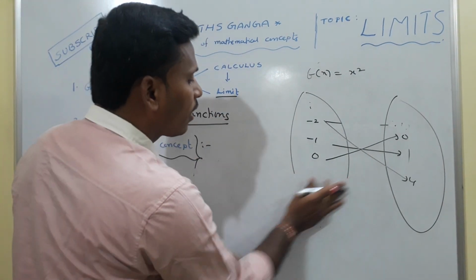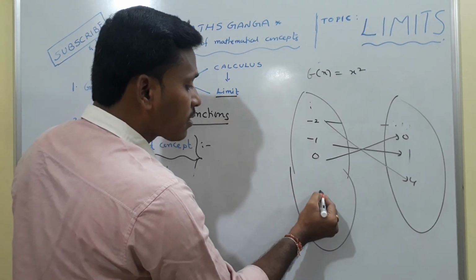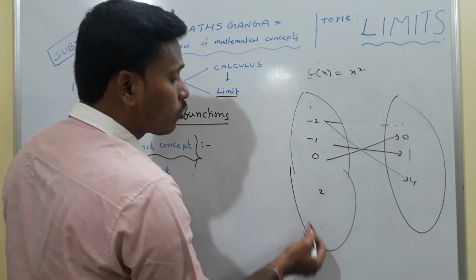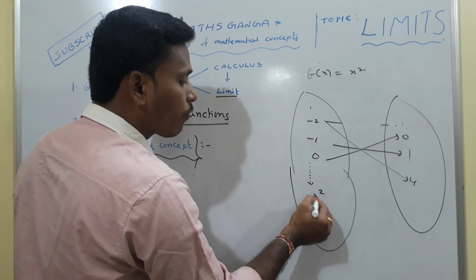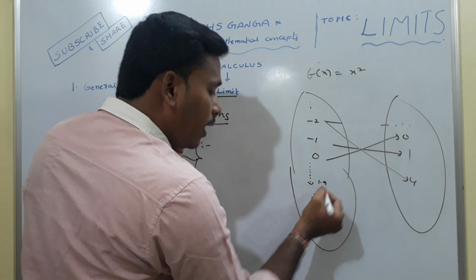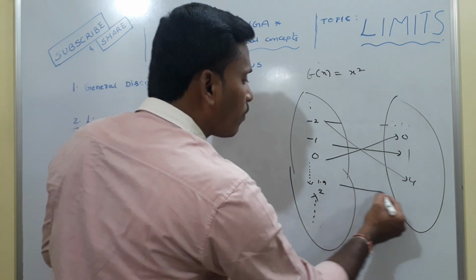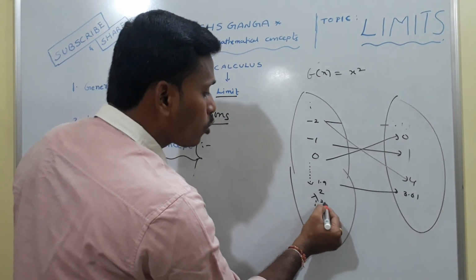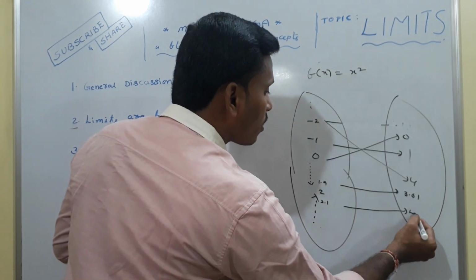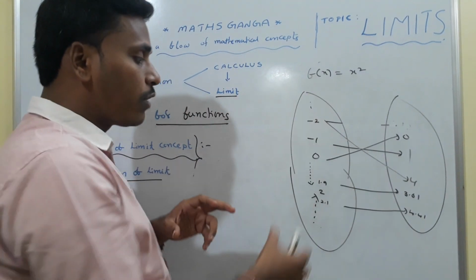And in this domain, if we change x to 2, in the surroundings of 2, if the variable x is changing and moves to 2 from either of the sides, and if this is 1.9, the value is approximately 1.9 square, which is nothing but 3.61. If the value is 2.1, then f of x is 4.41, the square of 2.1.